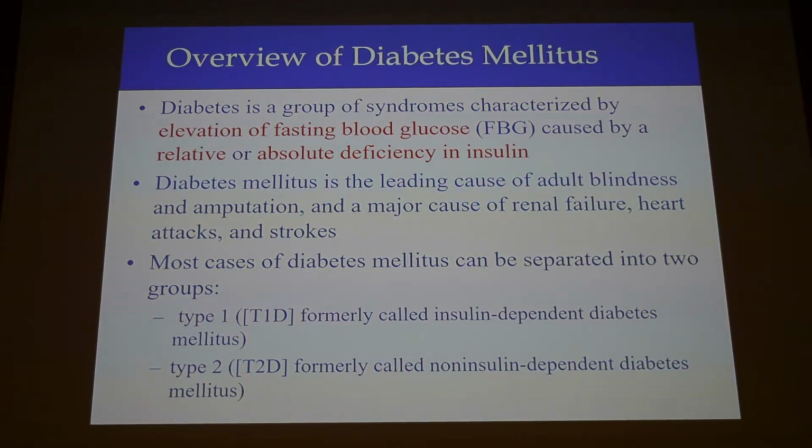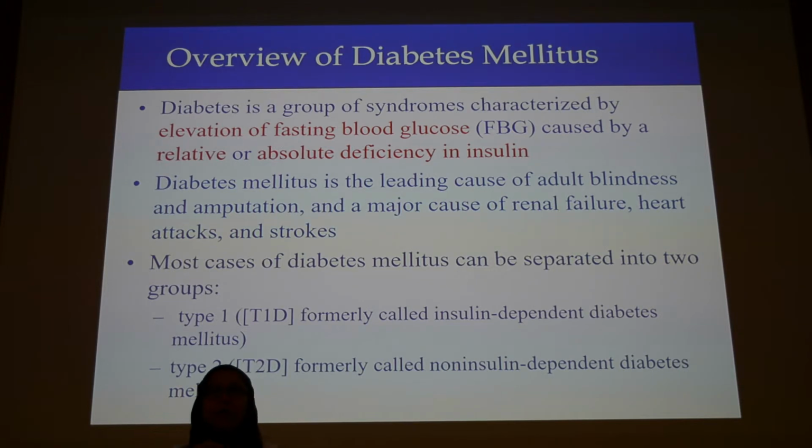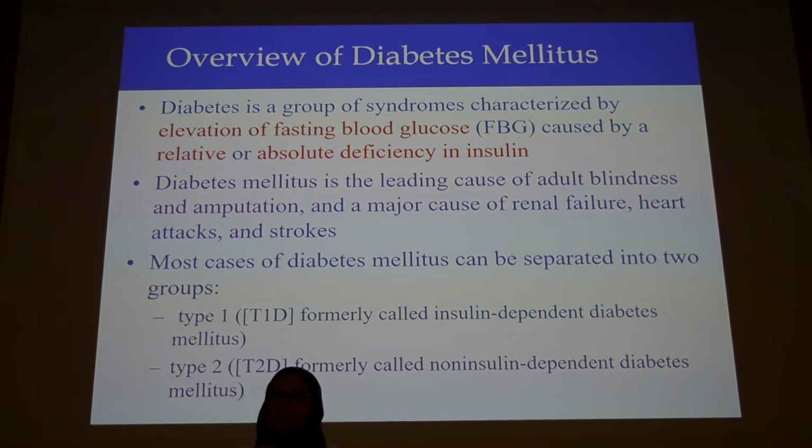At a certain level they might have increased insulin, but eventually the beta cells will not cope and they will have a deficiency in insulin, because the beta cells get tired over time. So type 1, no insulin. Type 2, there is a deficiency in insulin caused by insulin resistance.